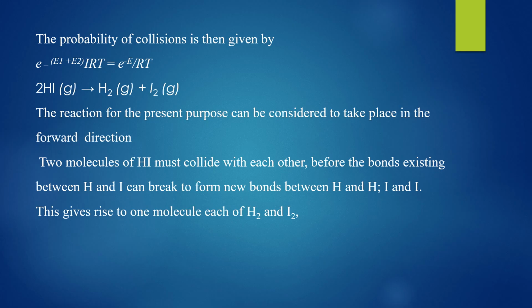Evidently the two molecules of hydrogen iodide will definitely collide with each other before the bonds existing between hydrogen and iodine can break to form new bonds between two hydrogen atoms and two iodine atoms. So this will give rise to one molecule each of hydrogen and iodine.